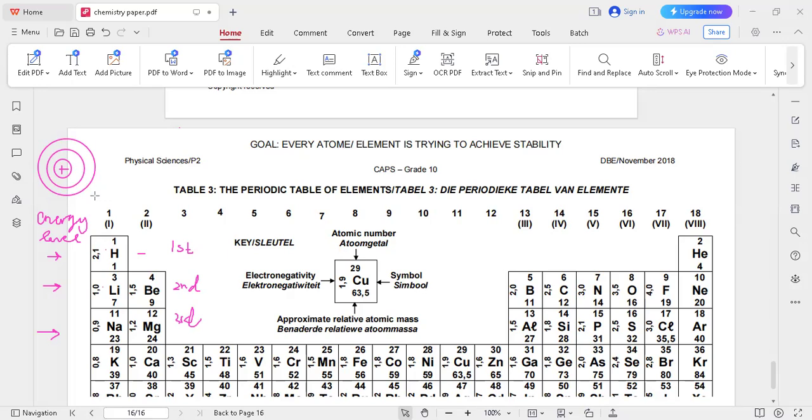Now, look at how many electrons lithium has. It has 3 protons, which means 3 electrons, because the atomic number is actually the number of protons and not electrons. But protons are generally equal to the electrons if there is no charge on the element.